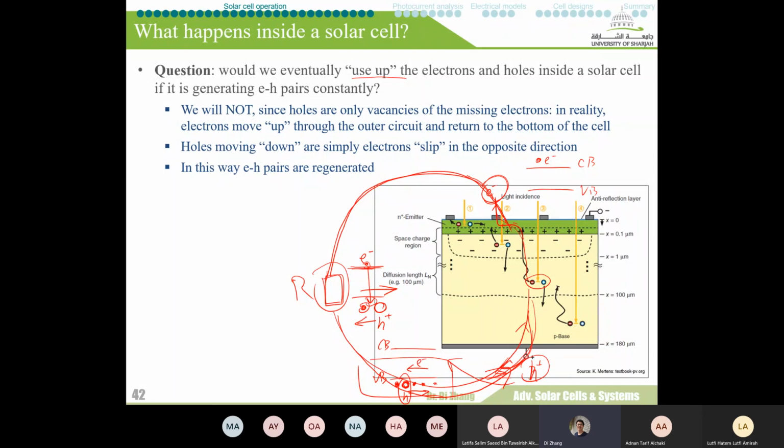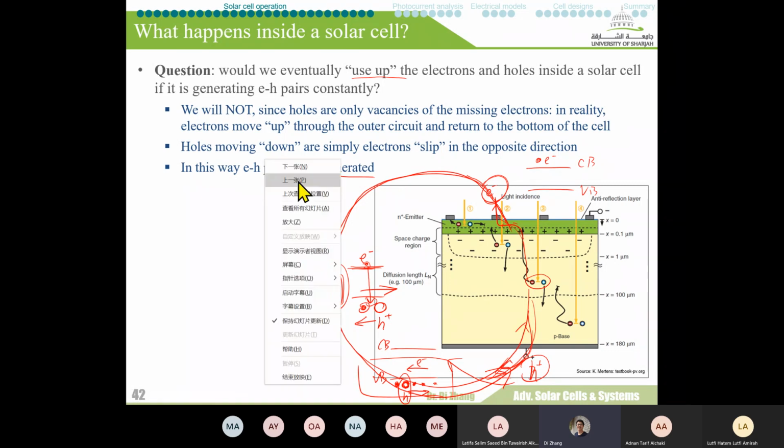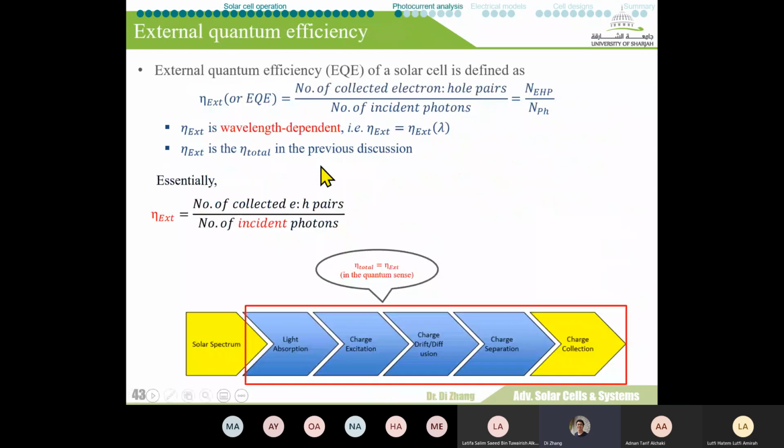It's always electrons, and we are constantly regenerating them by having the loop in the circuit. So this is the idea for understanding better the electron and hole concept. I hope that this is clear. You can read more about this in the slides here.